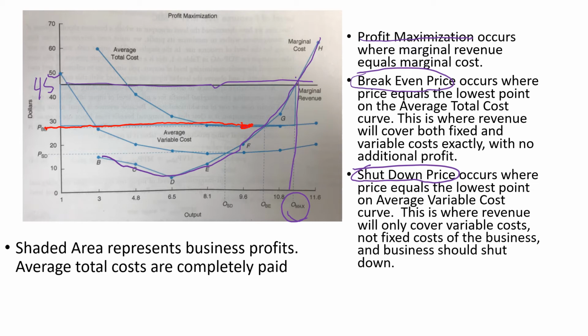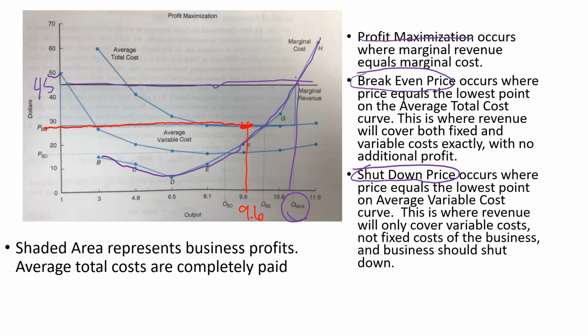At just under $30 and at an output of 9.6 units, that would be a break-even combination.